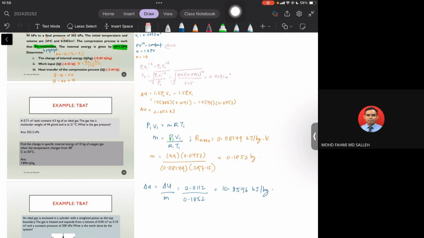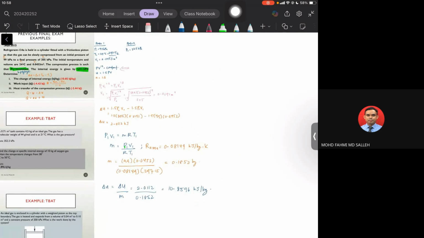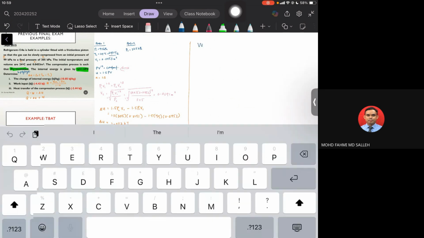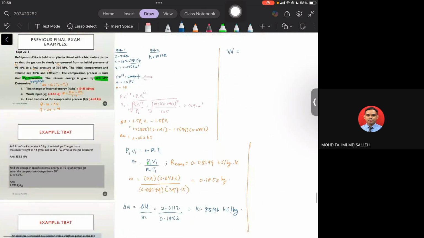Okay. So the second item is the work input. So just insert the data. Okay. Work input equal to P2 V2 minus P1 V1 divided by 1 minus n.